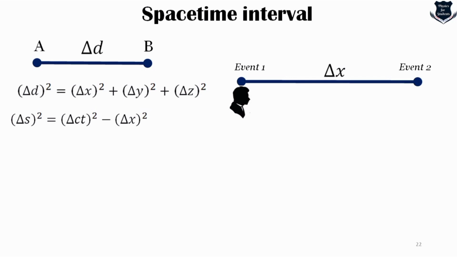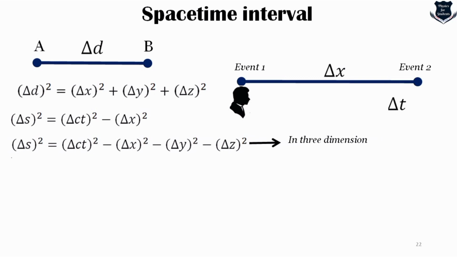As far as the concept is concerned, there is a first event and a second event, an observer is watching, and the difference in time is delta T. In 3 dimensions, for the distance delta D between the points, we actually use the Pythagoras' theorem, and we can write it as delta D squared. And then events will be computed into a space-time interval.